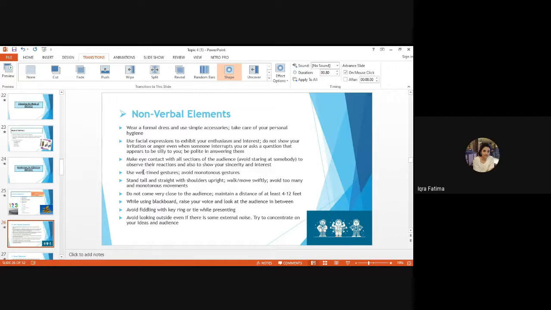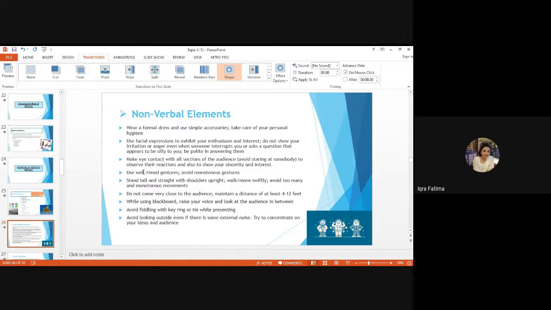Next one is posture, that you should move. You shouldn't stand at one point, but your movement shouldn't be excessive and shouldn't be too little. It should be a movement that is appropriate and well timed. So walk in your presentation, but not too much and not too little.